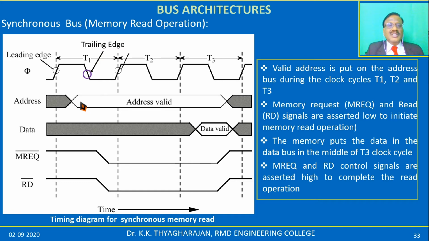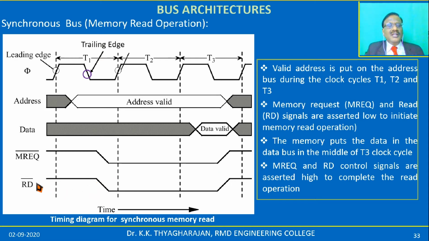Now, since the memory is connected to this address line, it will receive the address, and to indicate that only memory should access the address, this signal is also asserted low. So in this case, the memory will receive the address, but with this signal, the memory will not know whether it is a read operation or a write operation.